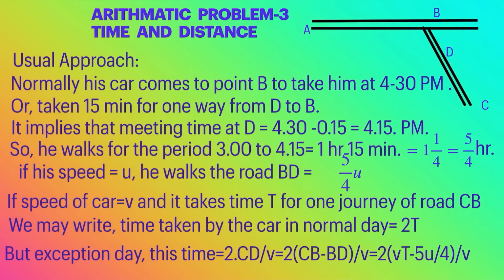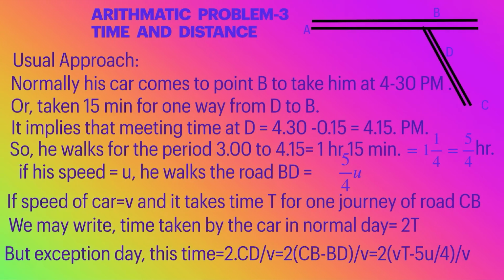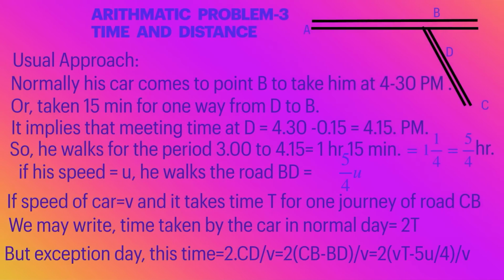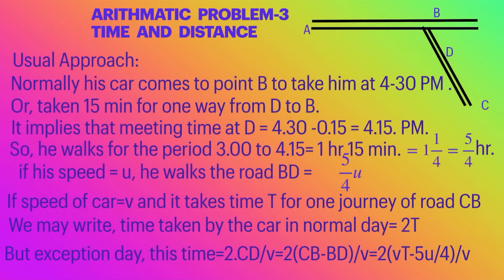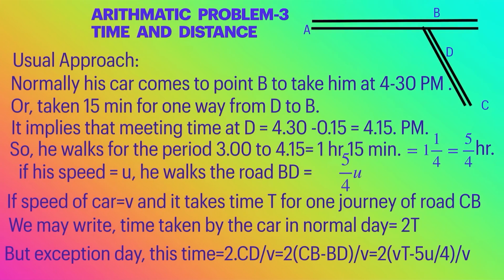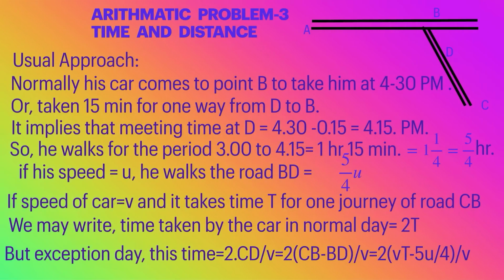So BD equals 5u by 4, which we found earlier. So that is equal to 2 into (VT minus 5u by 4) divided by V. And this will be the time taken by the car for the two-way journey of C to D and D to C.